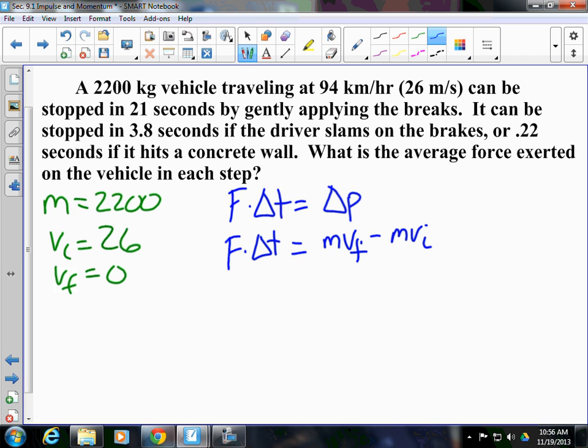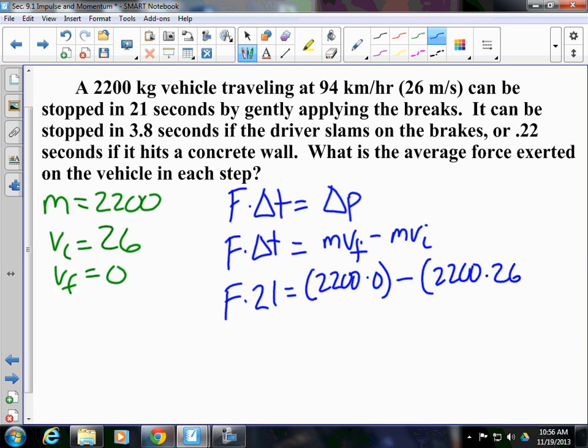So let's go ahead for our first example and plug it in. It can be stopped in 21 seconds by gently applying the brakes. Well, we're looking for the force: force times 21 is equal to our mass, 2,200, times our final velocity, which is 0, minus our mass times our initial velocity, which is 26. We get F times 21 is equal to 2,200 times 26, and when you do that, you get 57,300.